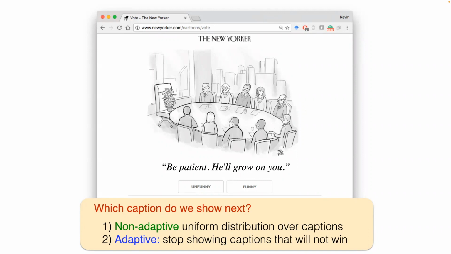People are not that clever on average, is my understanding, and most of them are just terrible. And very quickly, you can stop showing the bad captions and hone in on the top, say, few hundred that are actually funny and worth looking at. So an adaptive strategy would figure out what the top 100 are and focus all the attention on those, and stop showing the ones that really have no chance of winning. So this was the goal.